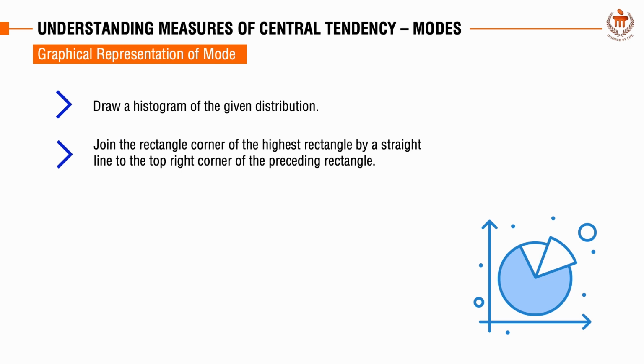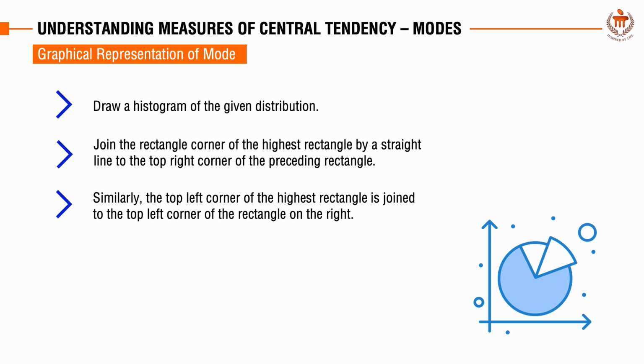Then we draw a line which connects diagonally from one end of the highest rectangle to the other end of the neighbouring rectangles, and the point where they intersect will give us the mode. So while observing that histogram, we select the class interval which has the highest frequency.